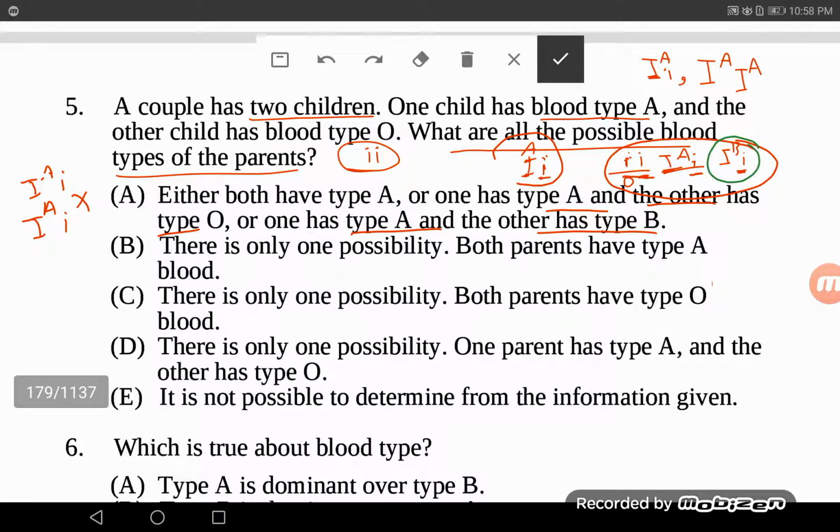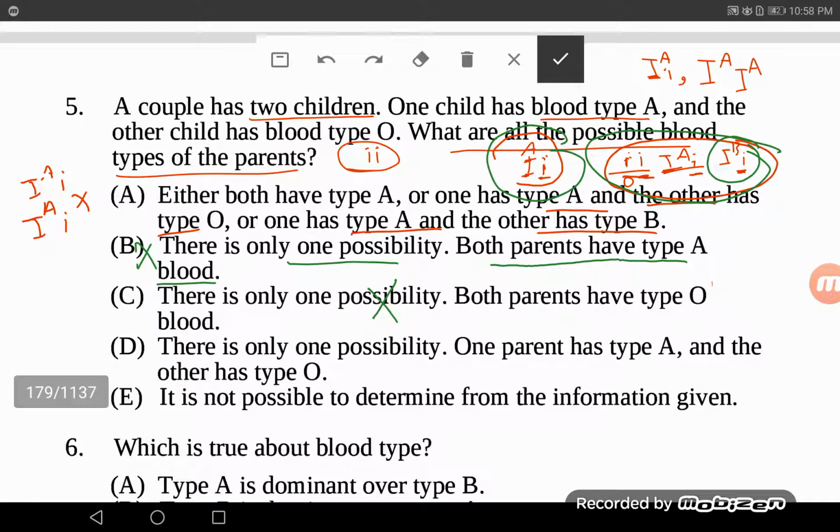So let us read the other possibilities. There's only one possibility: both parents have type A blood. We have more than this possibility, not only one, as I mentioned. So this is not it. There's only one possibility: both parents have type O blood. This is not true.